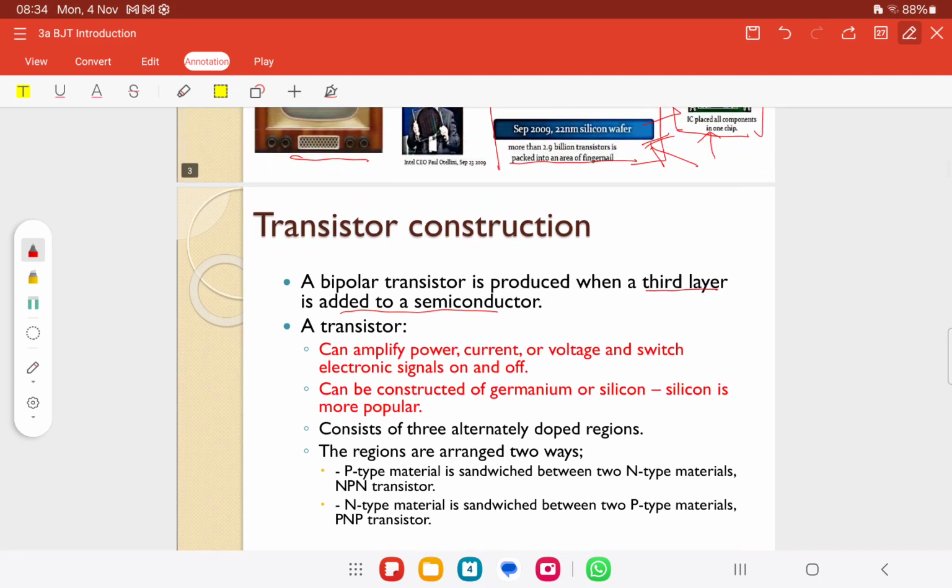What is the difference? Someone asked me about the difference between NPN and PNP. Say we use both in switching. If we use it in switching, for NPN by default, on is 1 and off is 0.